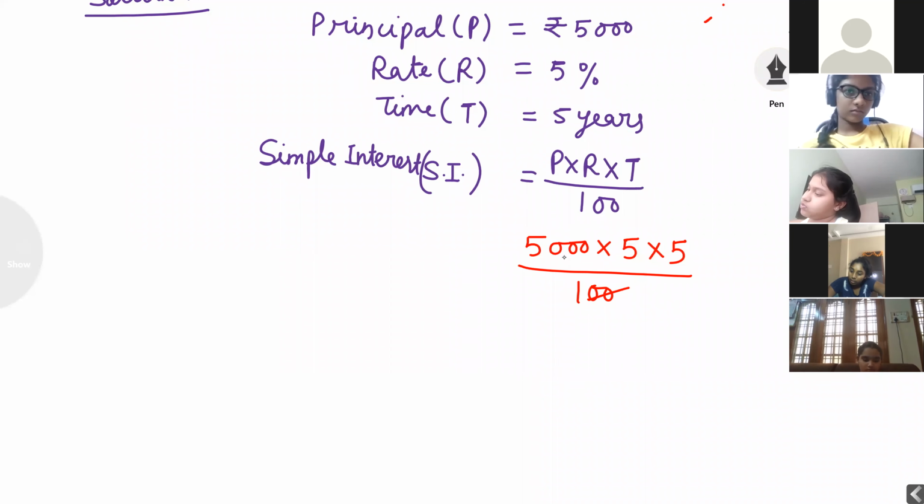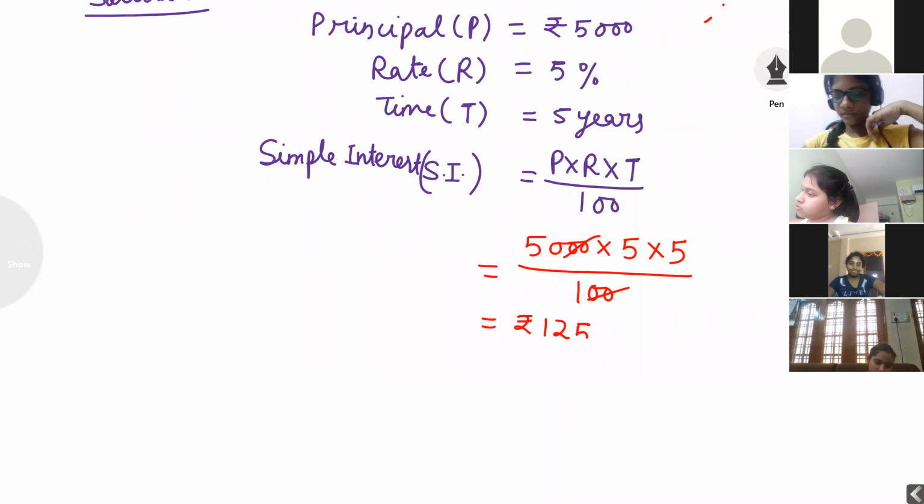This 20, 20 cancel. 5 5s are 25. 25 5s are 125. 1,250 rupees. This is SI.